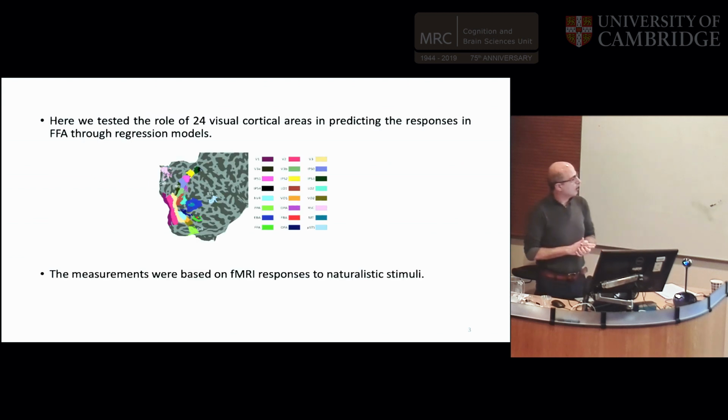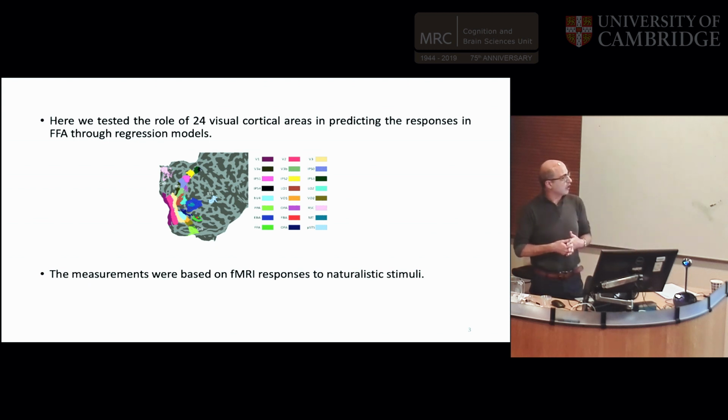So first of all, we defined some areas, some ROIs. Some of these areas are classic retinotopic areas that we defined based on a probabilistic retinotopic map. There is an atlas of retinotopic areas, which is based on the average of 53 subjects. So we used that atlas and projected it onto the surface of individual subjects.